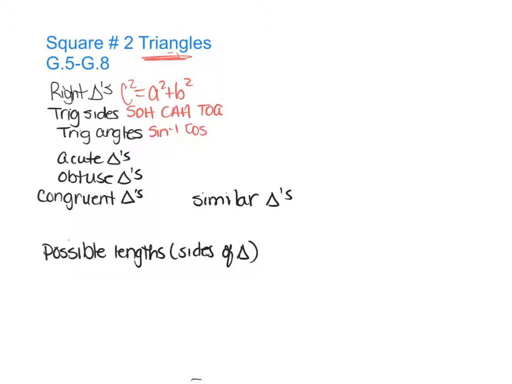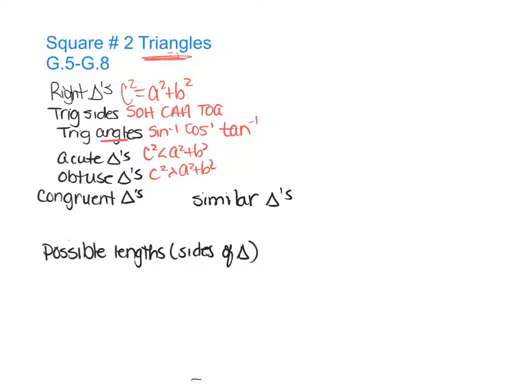So that's inverse sine, inverse cosine, and inverse tangents if we're looking for angles. If the triangle is acute, then we expect c squared to be less than a squared plus b squared. And if it's obtuse, we expect c squared to be more than a squared plus b squared.